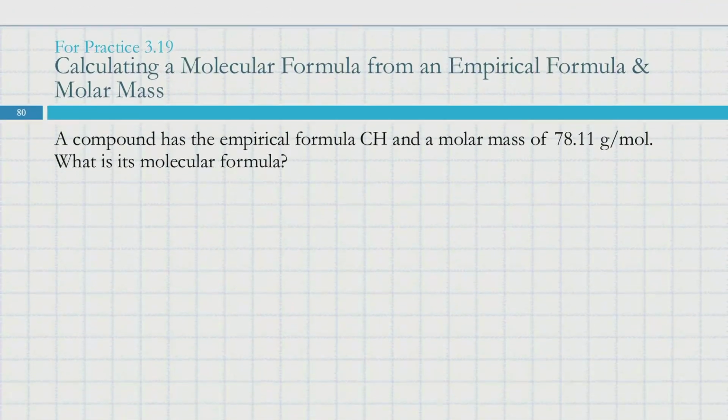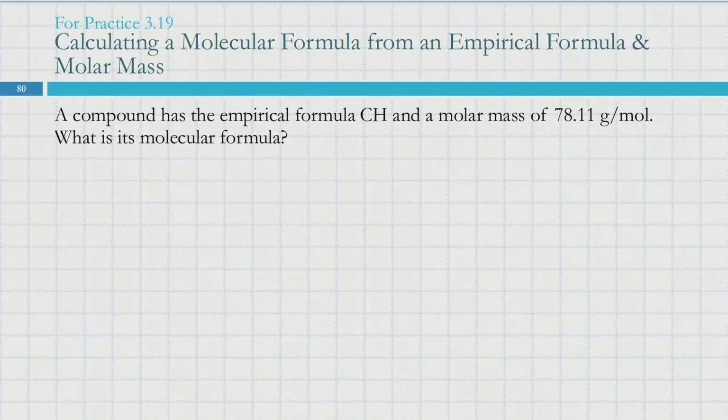Okay, so a compound has the empirical formula CH and a molar mass of 78.11 grams per mole. We want to know what's the molecular formula.